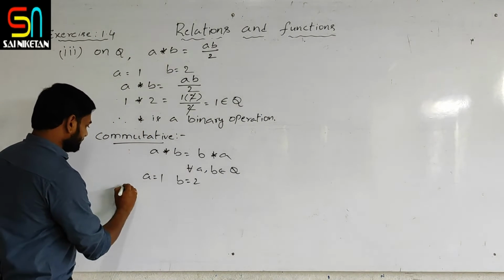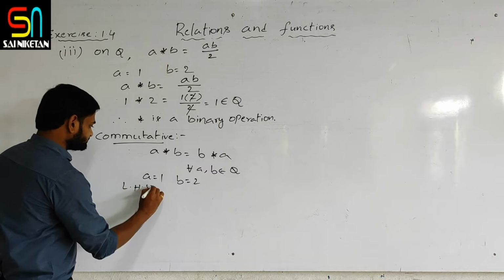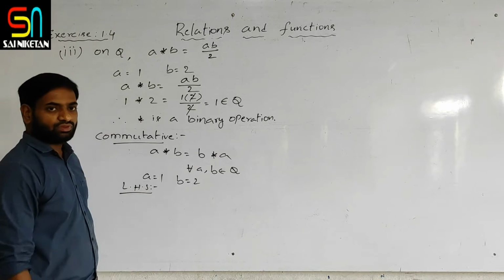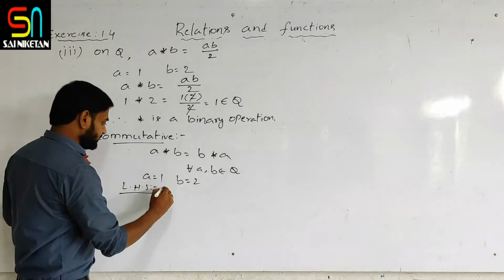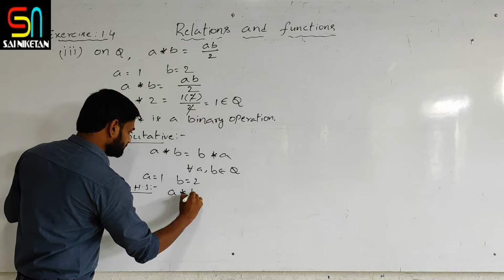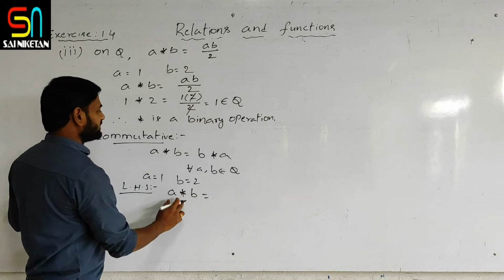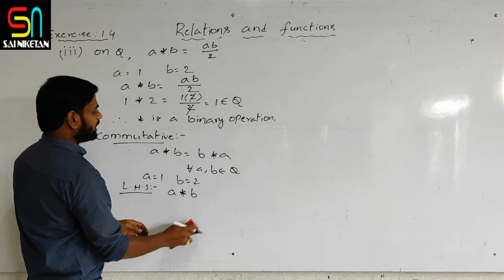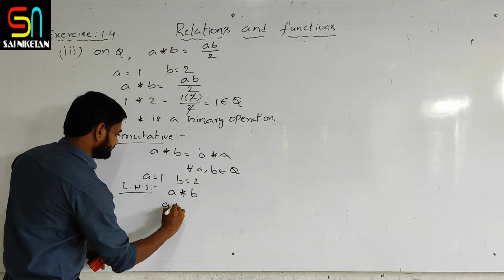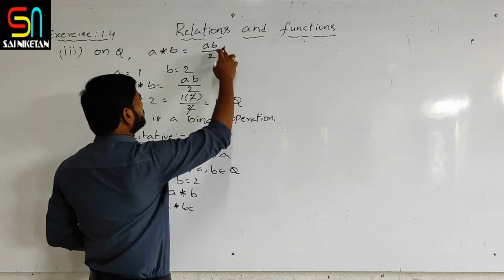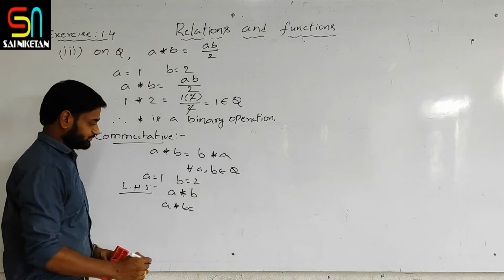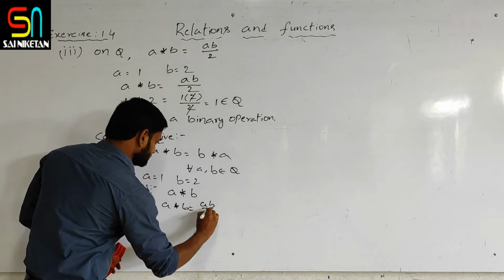Now here I am taking the LHS part, what is the LHS part? A star B. The operation is A star B equal to A into B by 2.